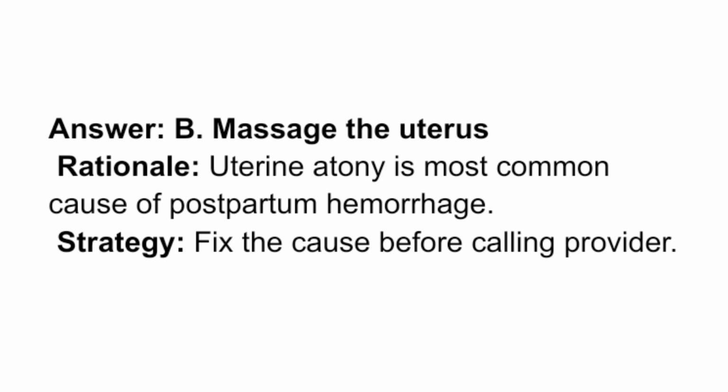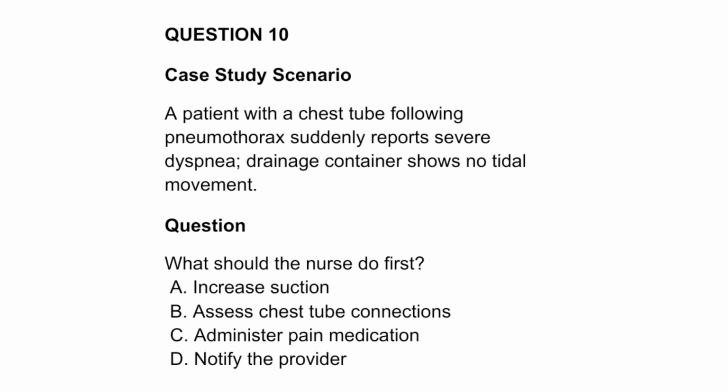Rationale: uterine atony is the most common cause of postpartum hemorrhage. Strategy: fix the cause before calling the provider. Question 10. Case study scenario. A patient with a chest tube following pneumothorax suddenly reports severe dyspnea.